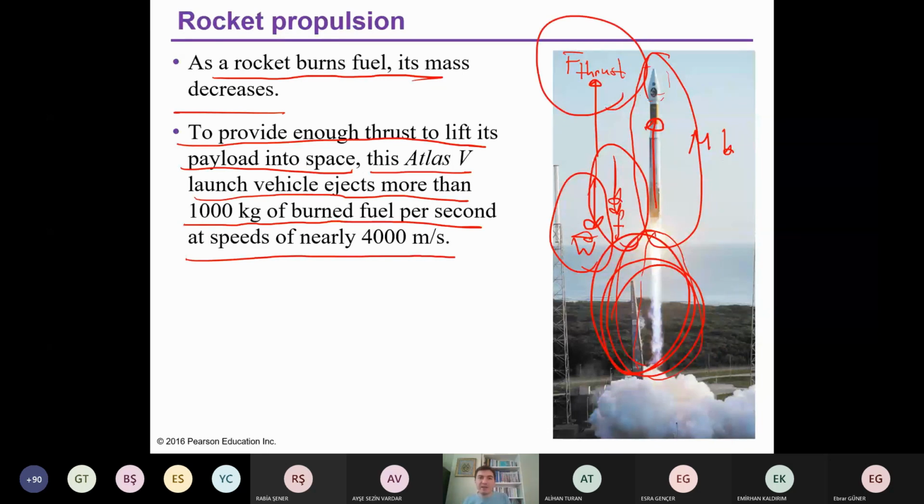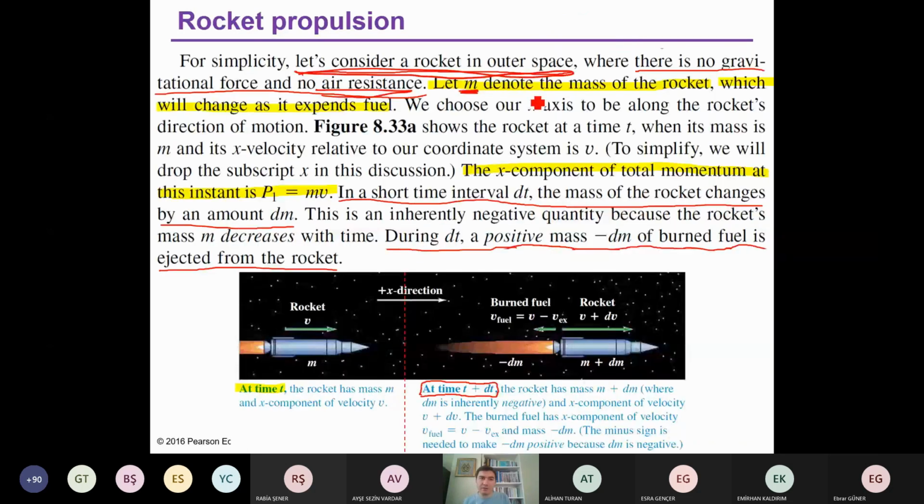Then M is the mass of the rocket, and this mass will change as it expends fuel. Here, this is the first condition. We are in space, we have a rocket in the space, and this rocket has certain velocity and certain mass when the time is t, okay?